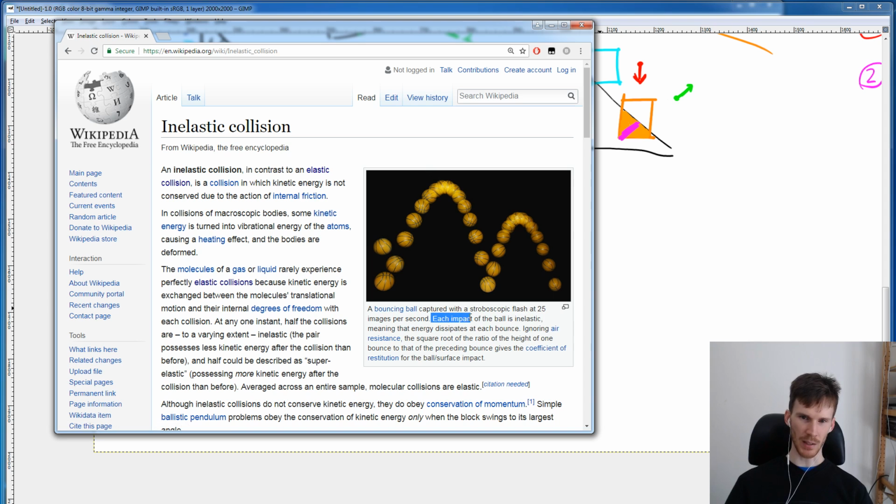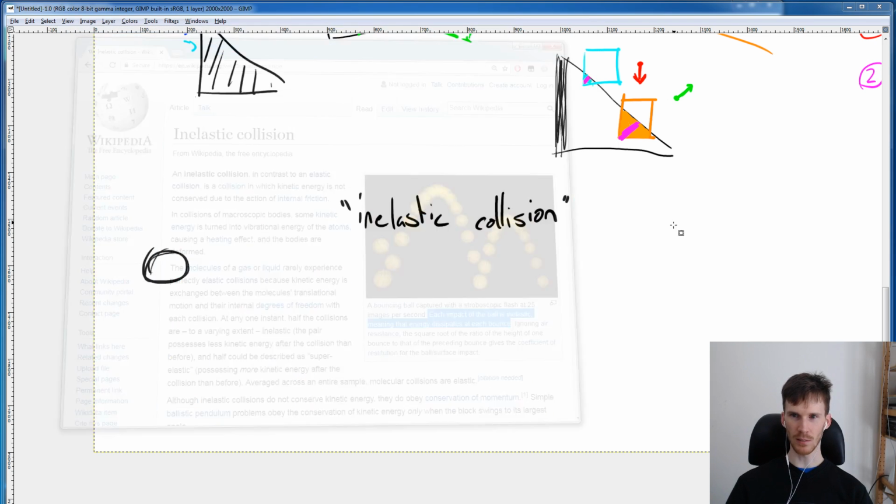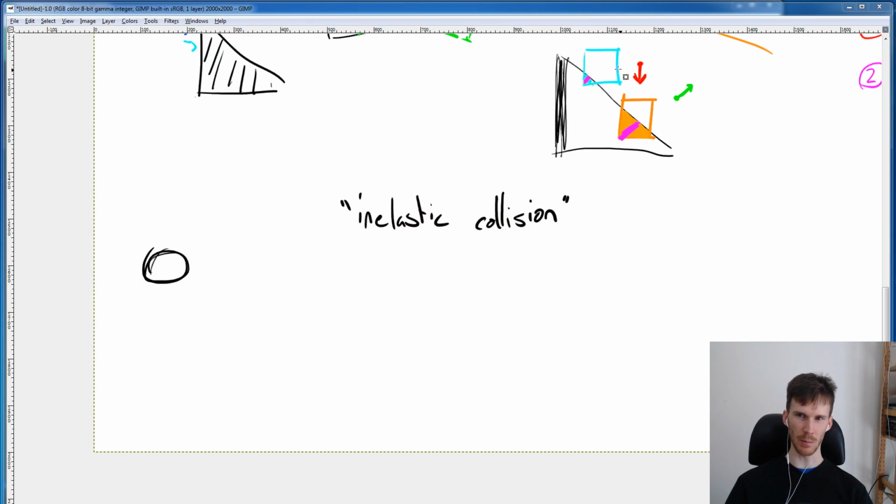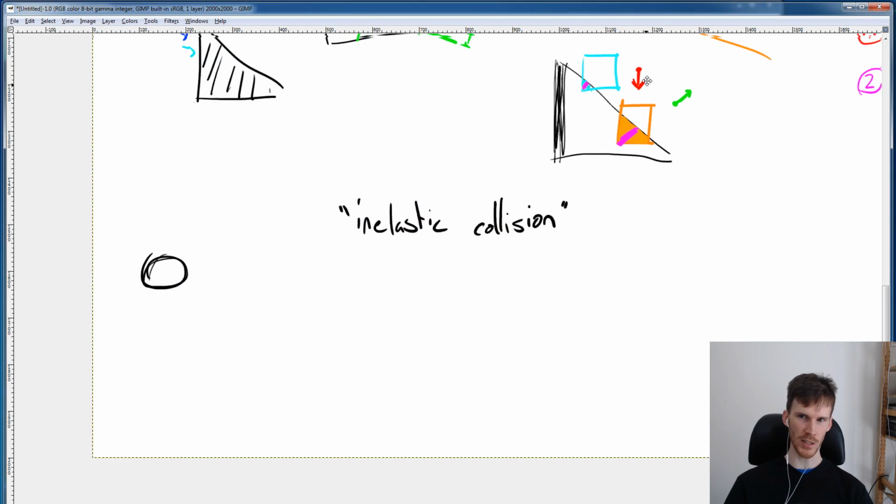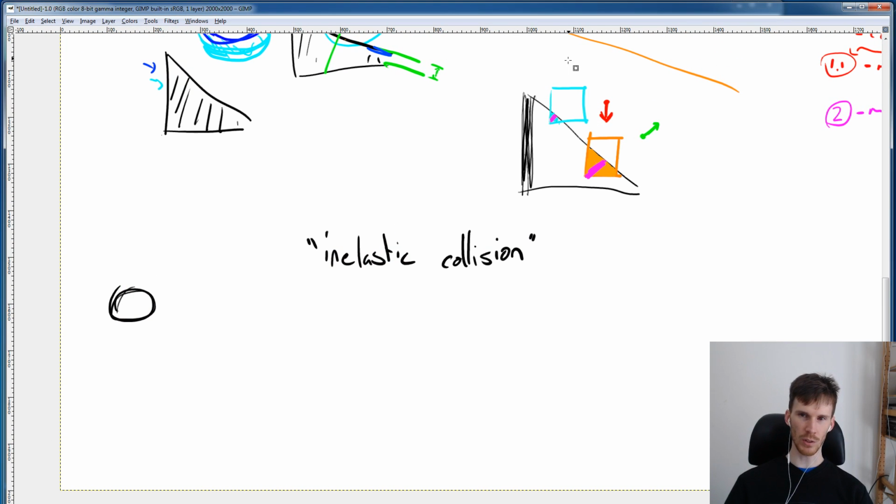Each impact of the ball is inelastic, meaning the energy dissipates at each bounce. Each time an object hits another object, and this goes into the nitty gritty detail, it generates a little bit of heat, a little bit of sound, some vibration, and so it loses some of that energy.